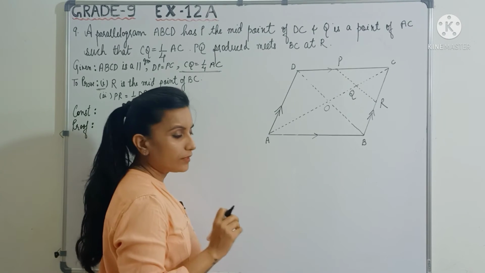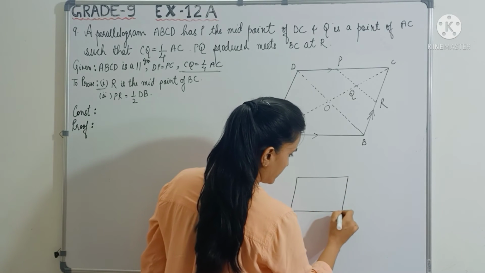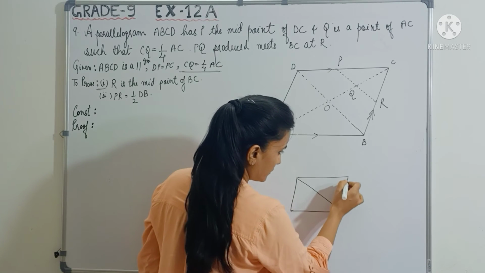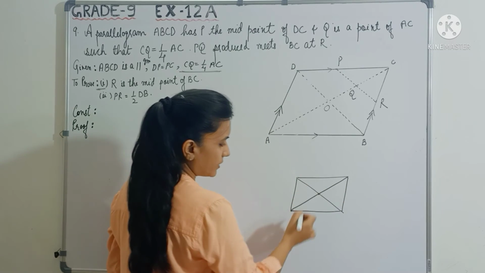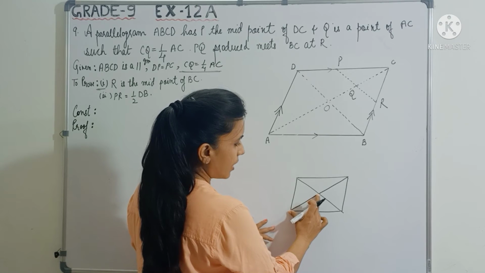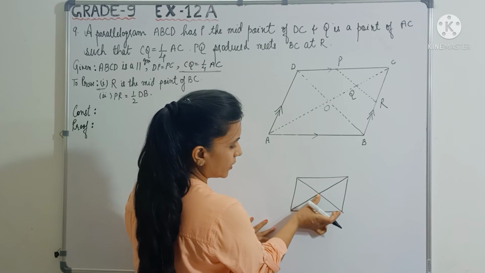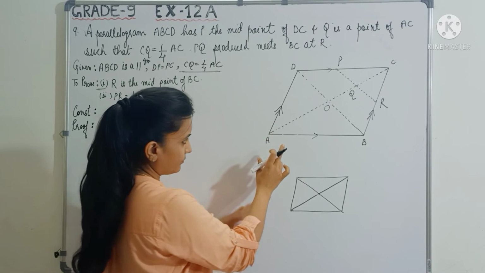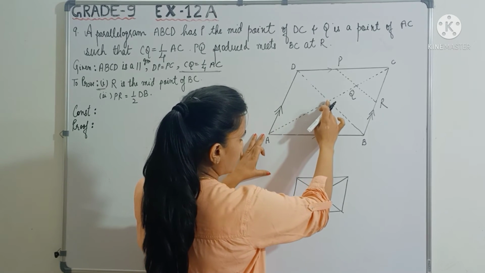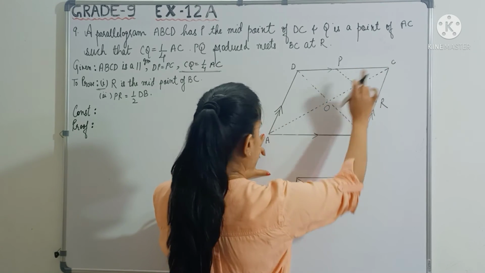What do you mean by that? Let's say there is a parallelogram and these are the diagonals. They bisect at this point. It means that this half will be equal to this and this will be equal to this. Similarly here AO will be equal to OC, right? So we can say that O is the midpoint of AC.